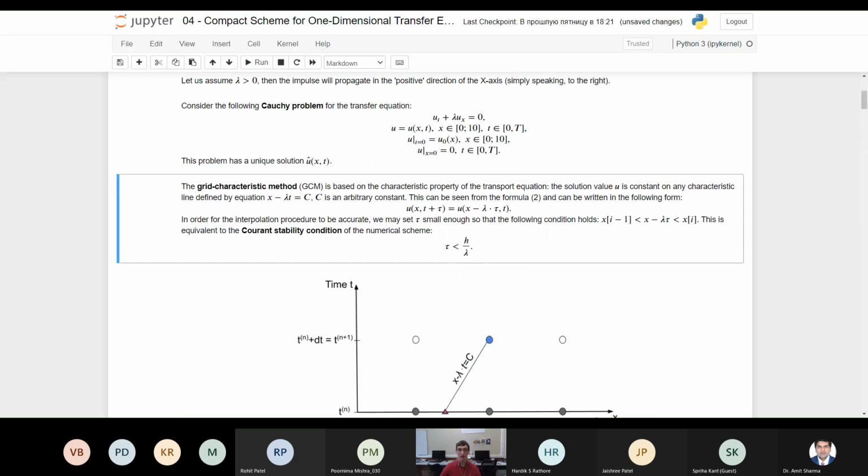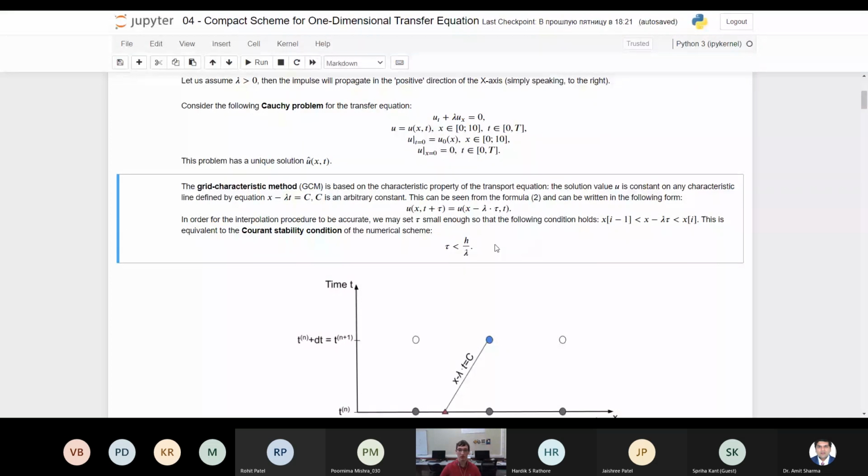Taking tau smaller results in the fact that we need to perform more time steps, obviously, and the smaller grid step means that we have more points to take into account, and we perform calculations in more points.